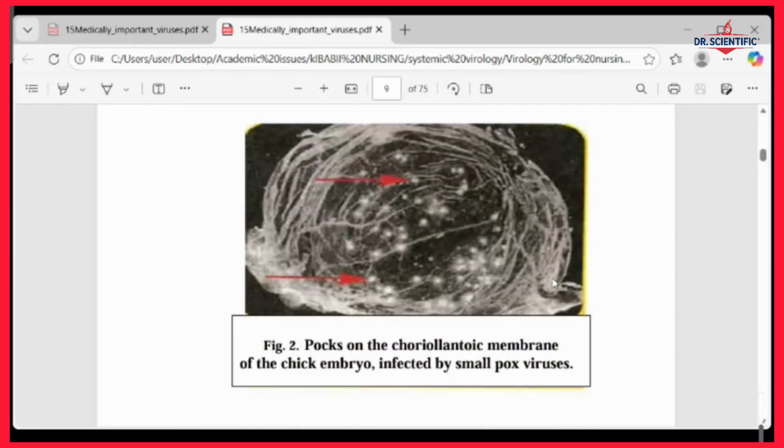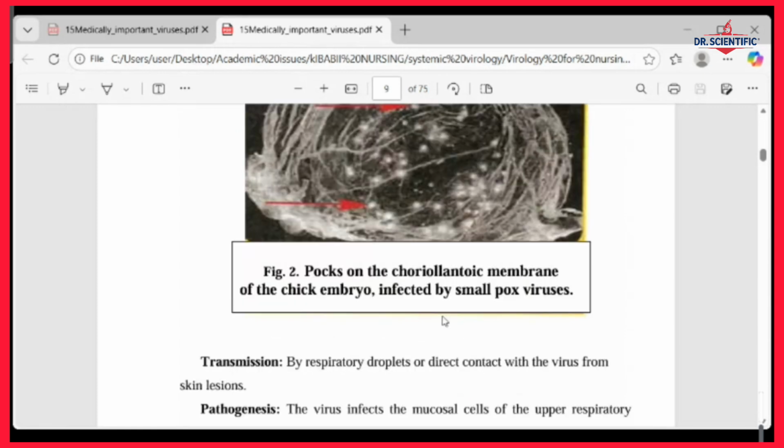This was done by culture in the egg, and you can see those whitish star-like things. We call them pox on what we call the chorioallantoic membrane of the chick embryo, which was infected by smallpox virus, and that was the growth.